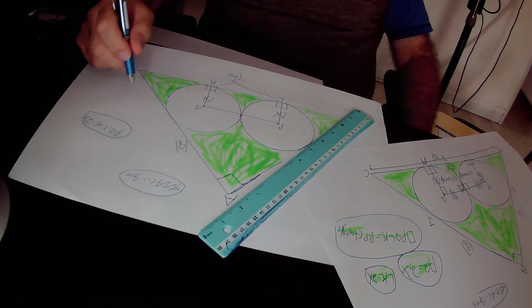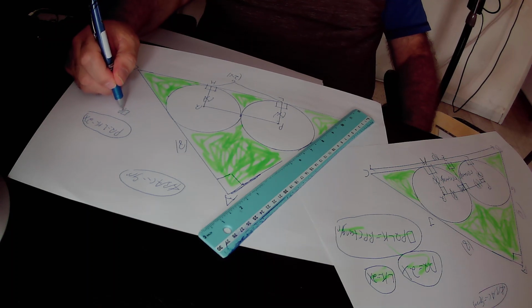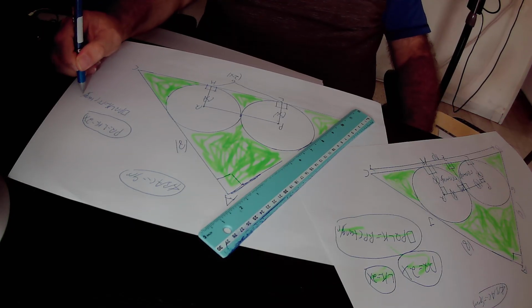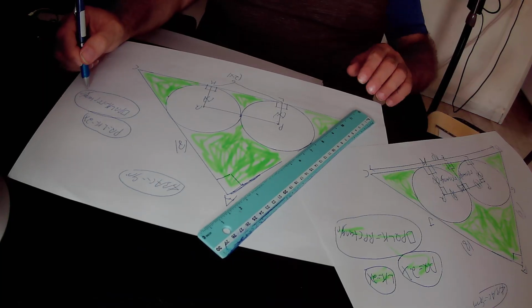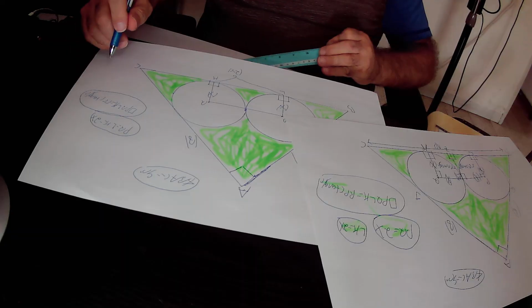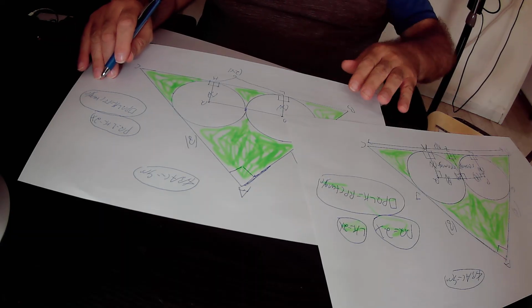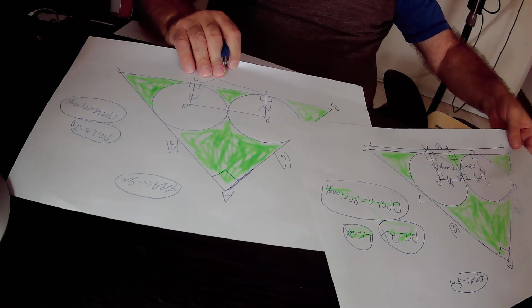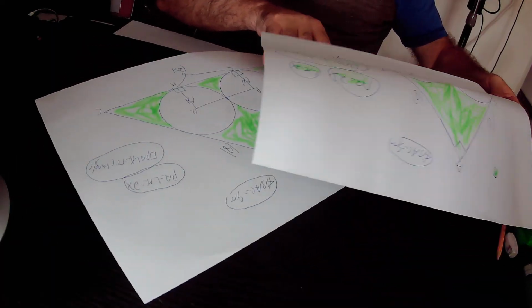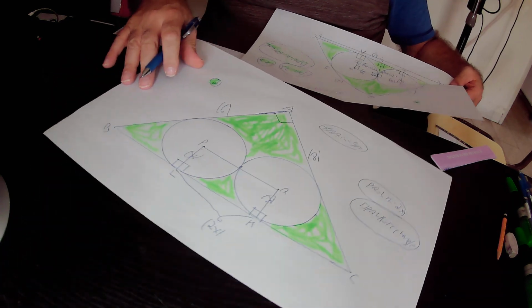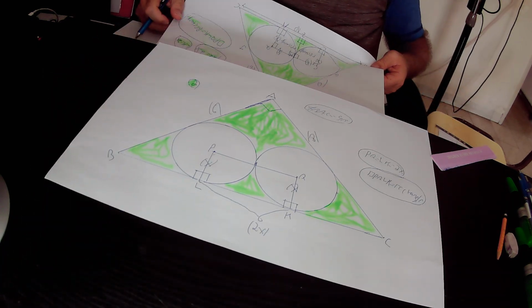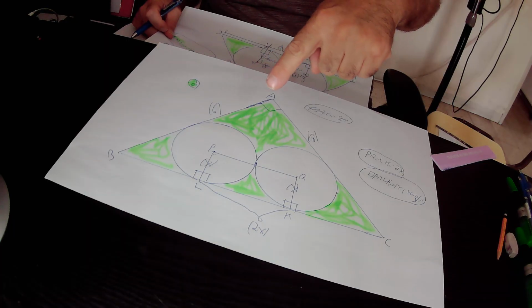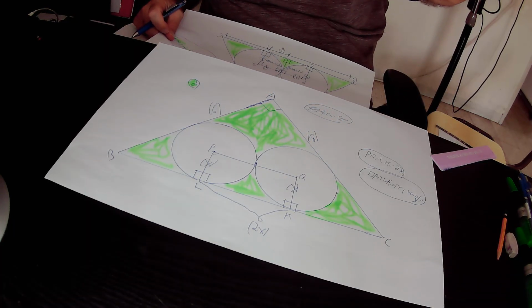Quadrangle PQLK is a rectangle. So actually this is rectangle PQLK, the KL that I got from the original drawing.